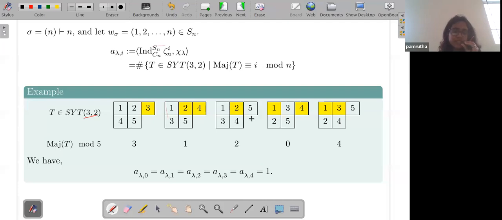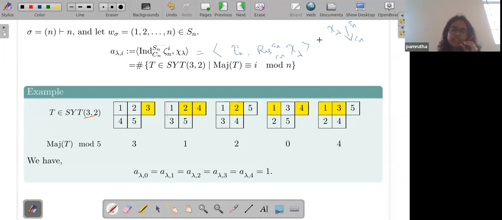Or in other words, there is something called Frobenius reciprocity. If you have seen a first course in representation theory, you might have seen this. That is, this is the same as taking theta n to the power I, and restricting chi lambda from Sn to Cn. If I restrict chi lambda from Sn to Cn, this will be a direct sum of irreducible representations of this cyclic group.